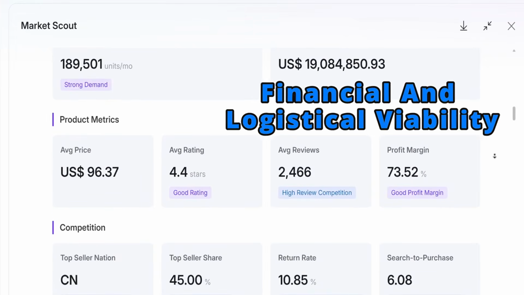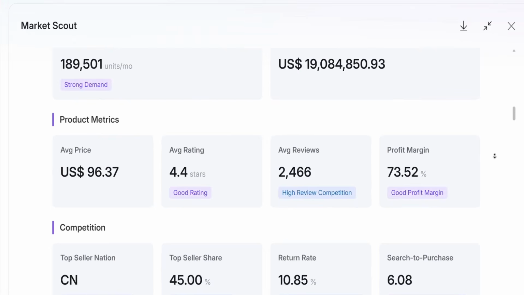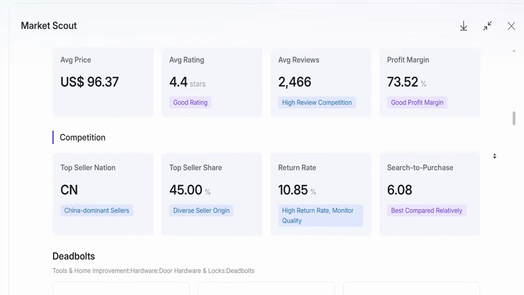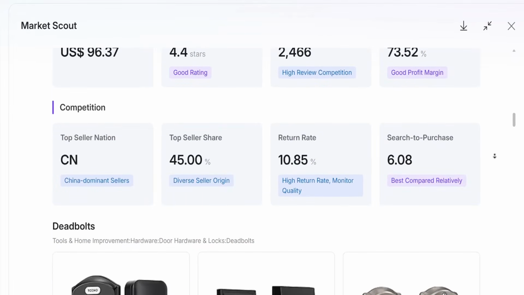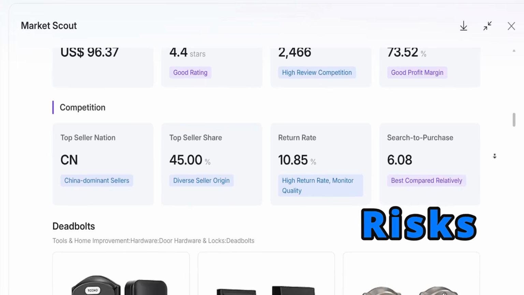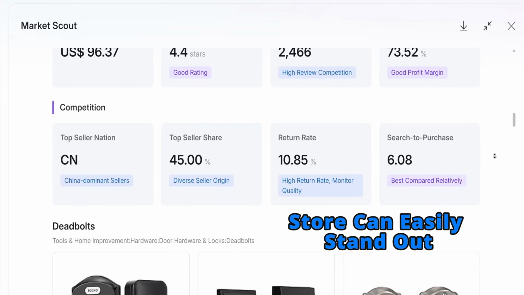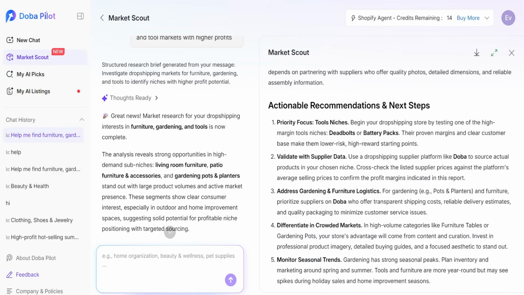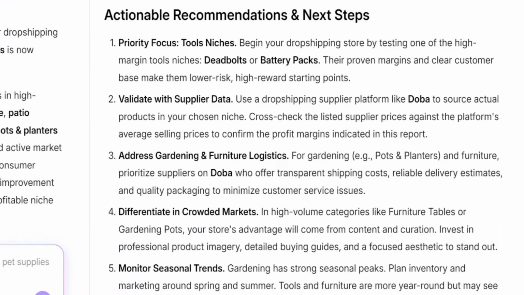This checks your financial and logistical viability, analyzing pricing and margins to ensure excellent markups while protecting your bottom line. Fourth, competition. This maps out back-end risks like return rates and competitor dynamics, helping you avoid high-risk operational traps, so your store can easily stand out. At the end of the report, Market Scout gives you practical next steps.